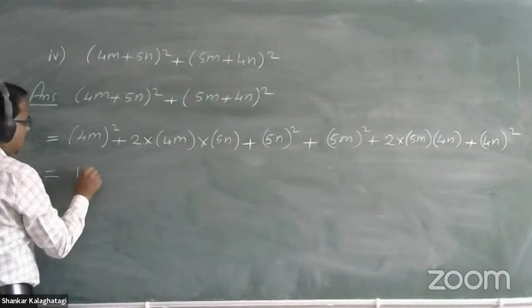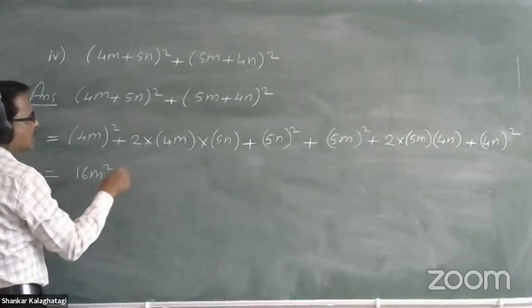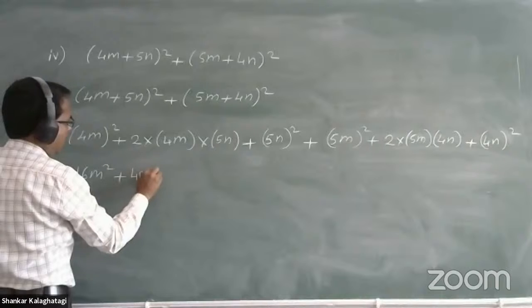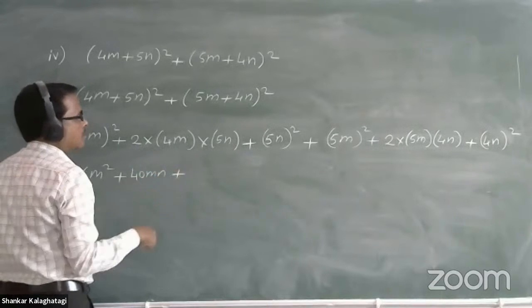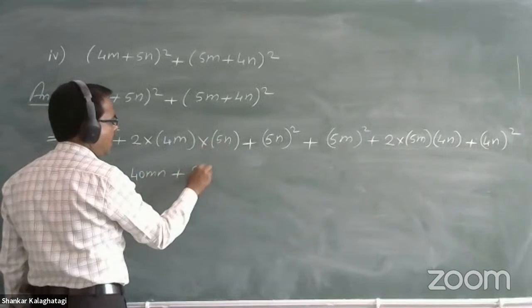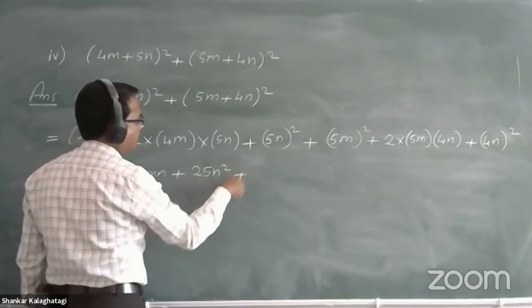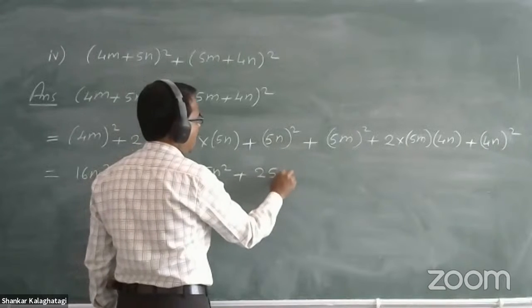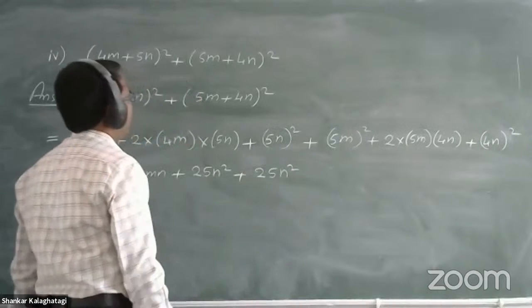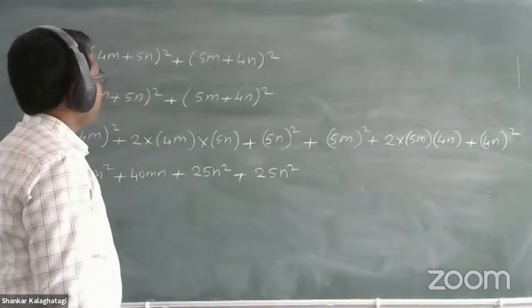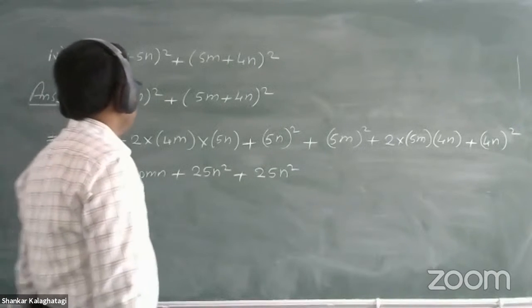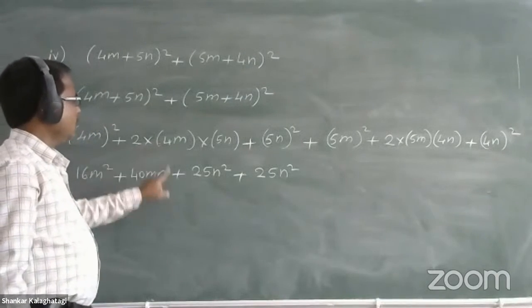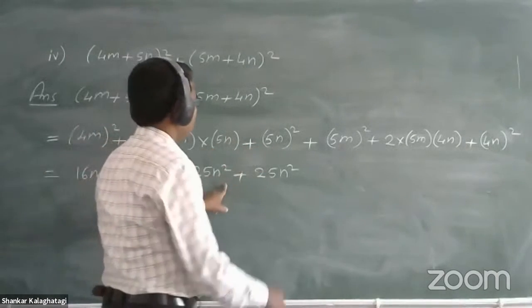4 4s are 16m² plus 2 times 4 is 8, 8 5s are 40mn, plus 5n squared, 5 5s are 25n². Plus, 16m² we have already written.